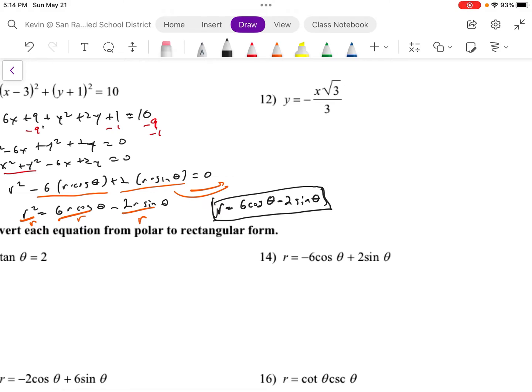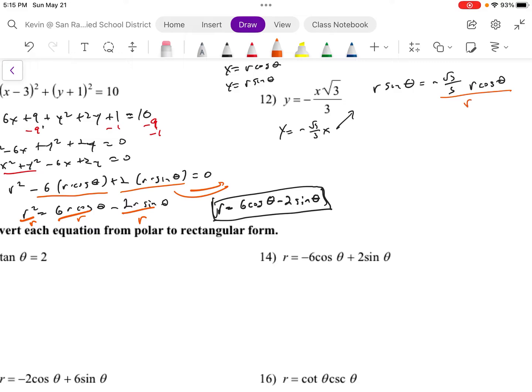All right, number 12. Again, we use the fact that x equals r cosine theta and y equals r sine theta. So I'm going to rewrite this equation. So this equation here is the same as saying y equals negative root 3 over 3x. Okay, so let's rewrite that. r sine theta equals negative root 3 over 3 times r cosine theta.